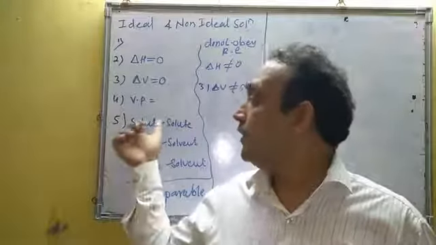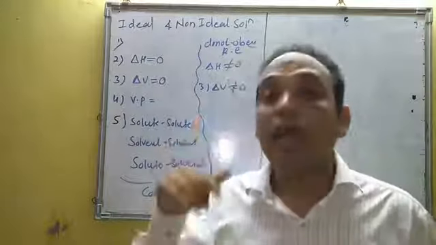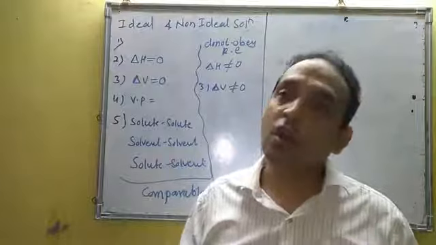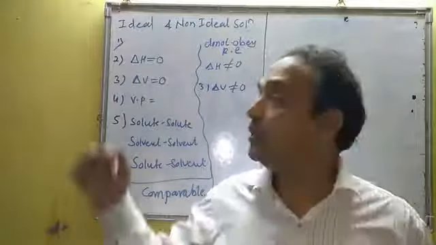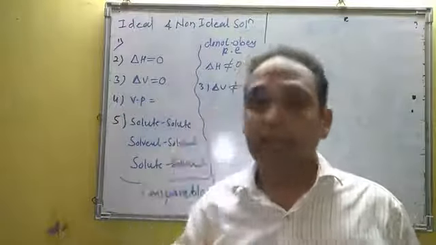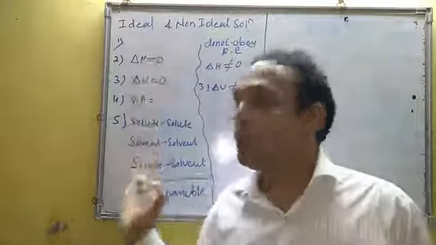Now, the interactions are comparable in ideal solution and not comparable in non-ideal solution. So this is all about ideal and non-ideal solution. The question may be asked in entrance examination as well as in your state board. बहुत चांसेस है इस पर क्वेश्चन आने का.